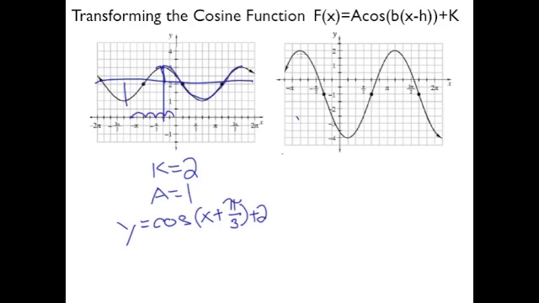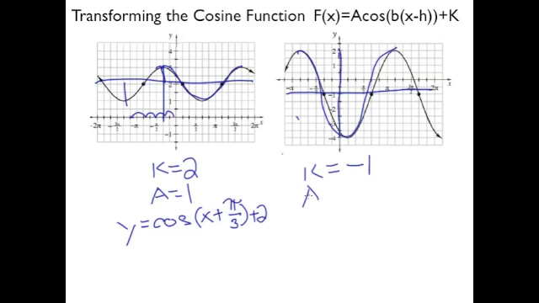Now let's look at this one. Highest point all the way down, all the way back up to the highest point. Baseline, it's moved down. So k equals -1. Now let's look at the amplitude. 1, 2, 3, 4, 5, 6. 6 divided by 2 is 3.